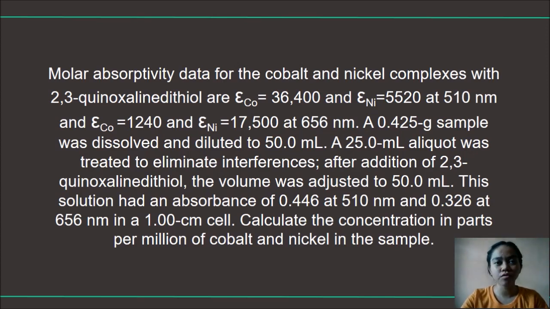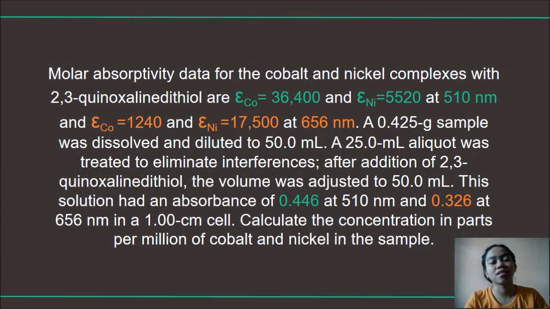So we have the given molar absorptivity for cobalt and nickel at 510 nanometer, and we have molar absorptivity again at 656 nanometer. We also have two different absorbances of the solution since we have two wavelengths. So we have 0.446 for 510 nanometer and 0.326 for 656 nanometer.